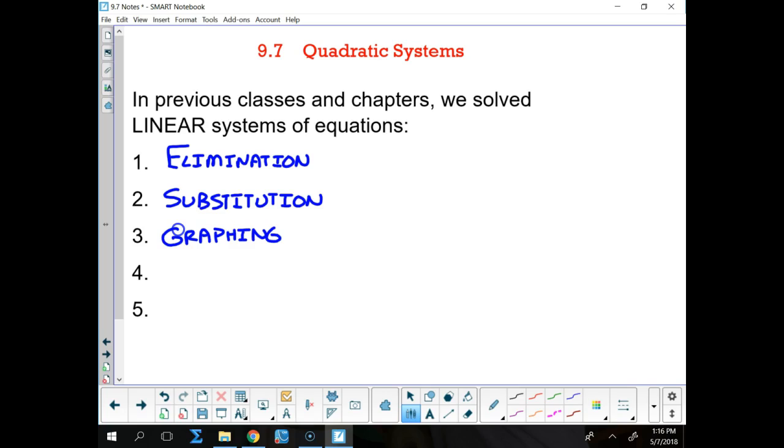Two more. Matrices. Kramer's rule is the other one, yeah?